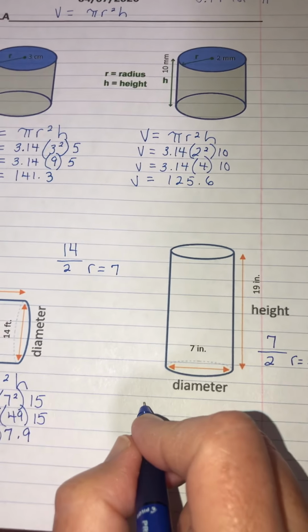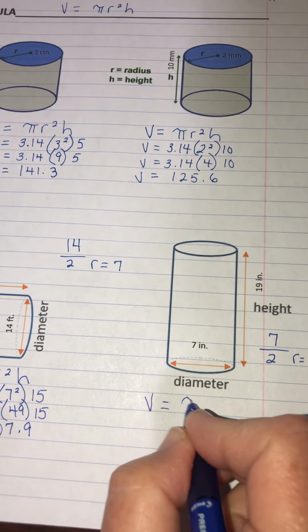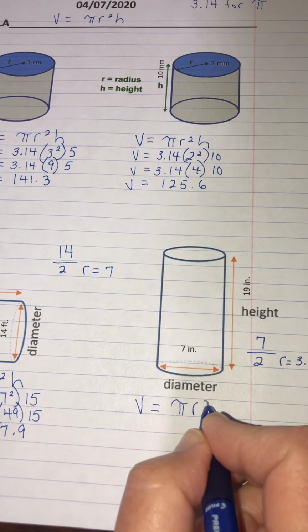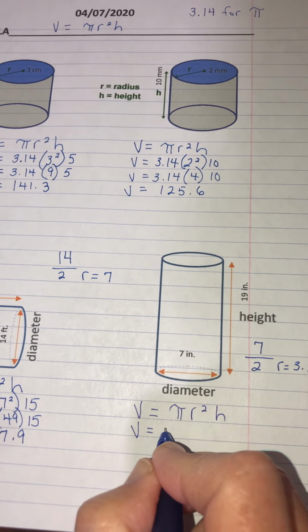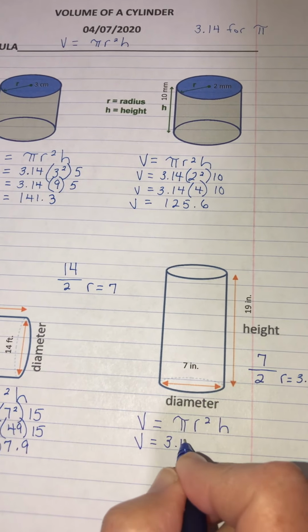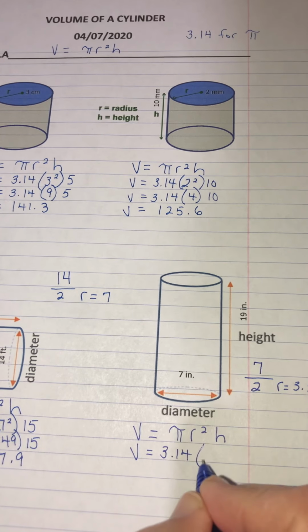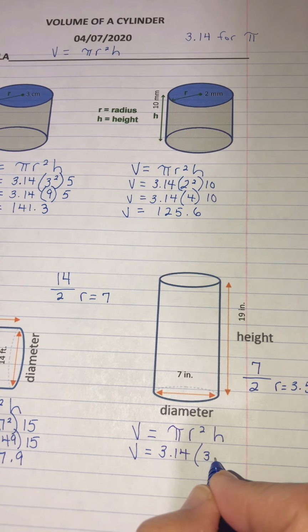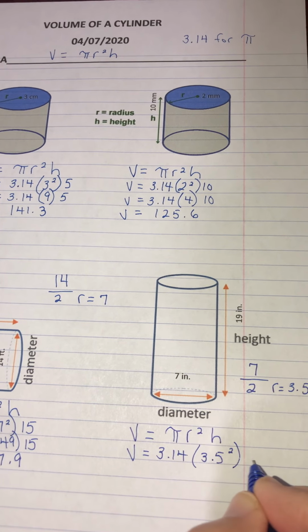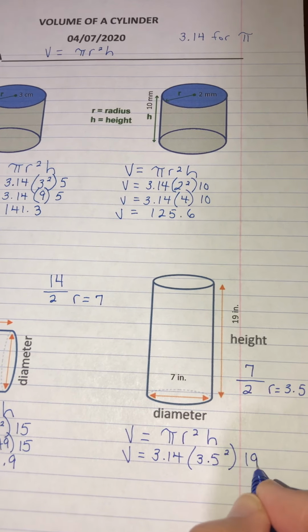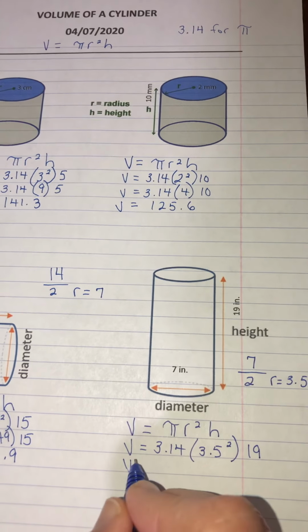Then I write the formula, V equals pi times the radius squared times the height. So V equals 3.14, my radius is 3.5, and I'm going to square that, times the height of 19.